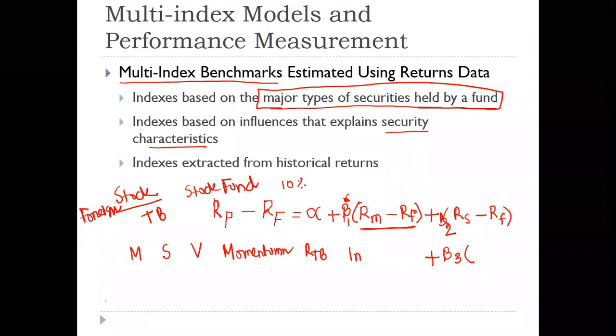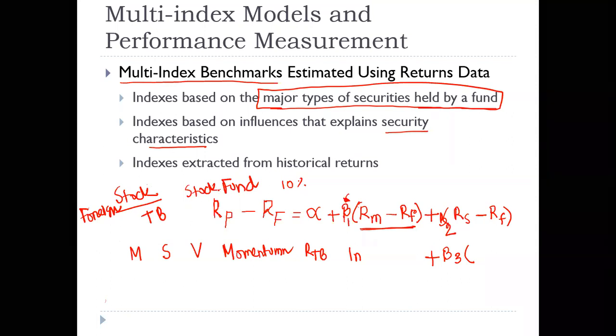But when you see their composition, you will see they include some bonds. And in our country also, the mutual funds are commonly known as equity funds, but you will see that they have started investing in bonds. Though they are continuously recognized as equity funds, they are no longer purely stock funds or purely equity funds.